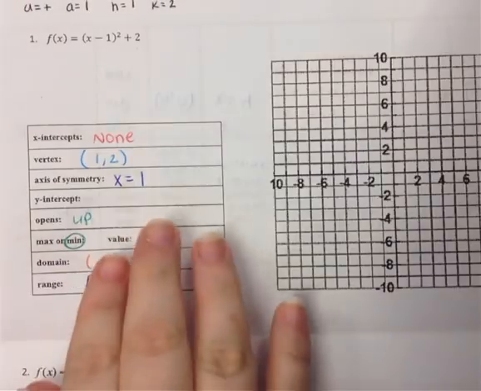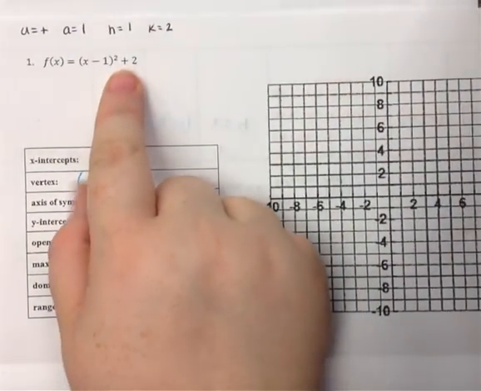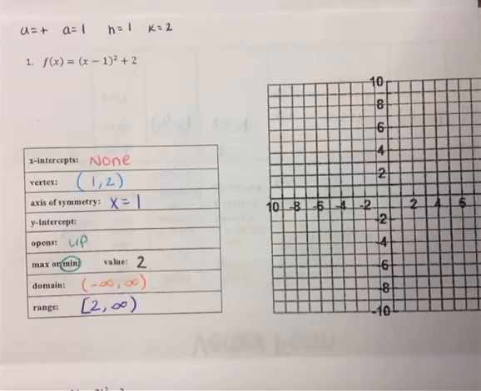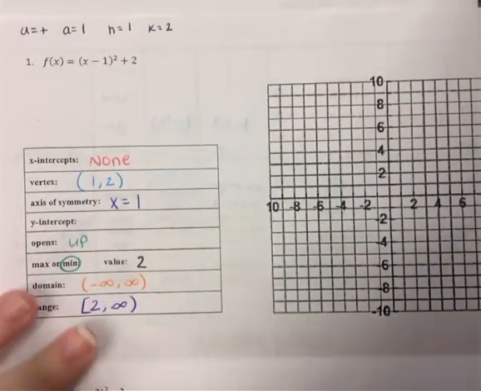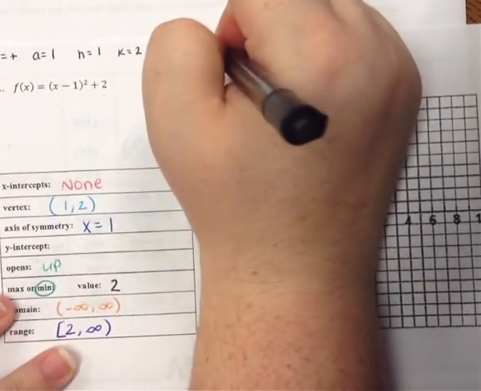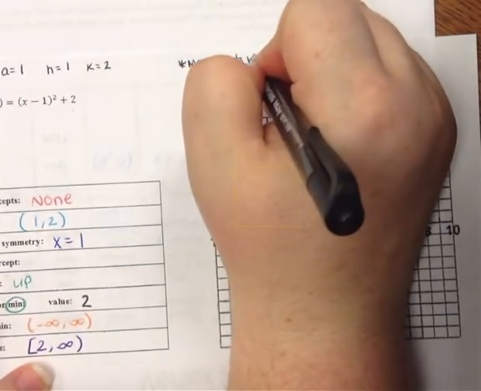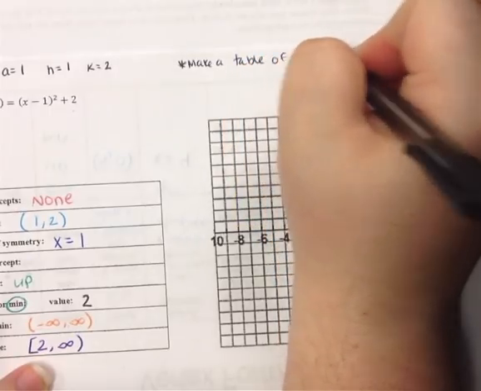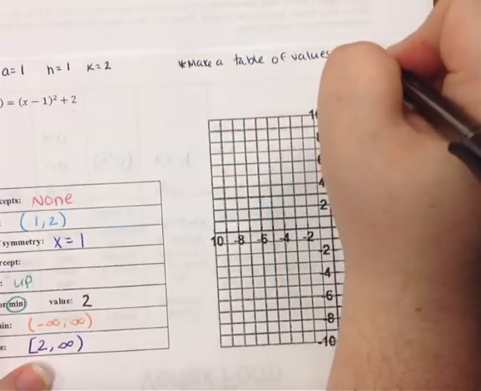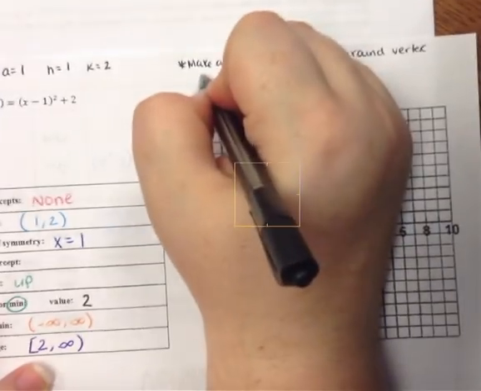So we have our vertex, and we'll be able to find our y-intercept by plugging in 0. But what we want to do is make a chart so we can have 5 coordinates. So we're going to make a table. I'm going to make a note up here: make a table of values around the vertex, and we're going to solve for y.